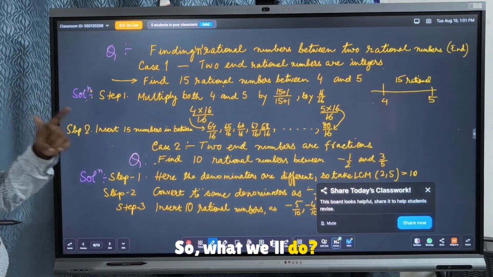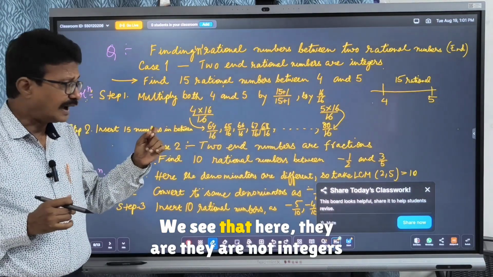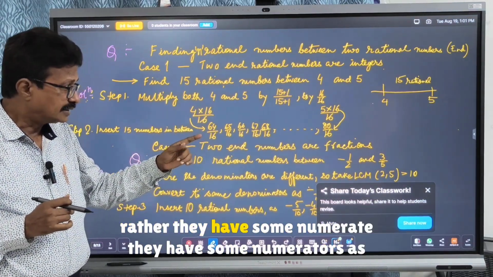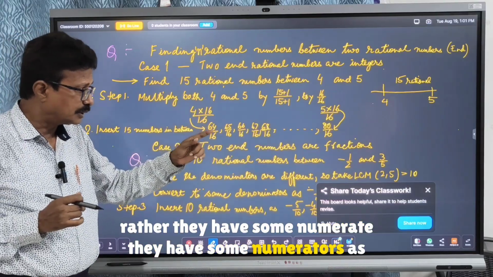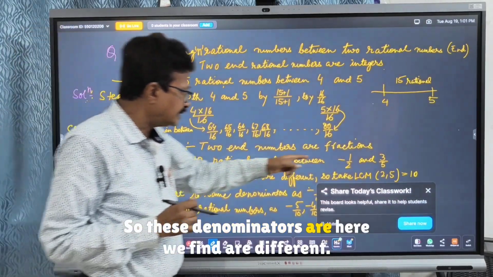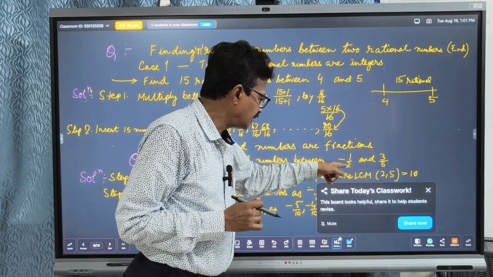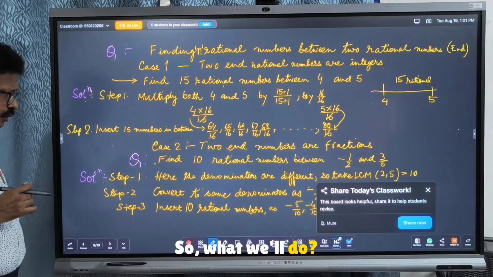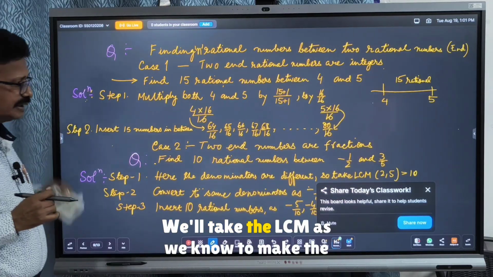So what will we do? Here they are not integers, rather they have numerators as well as denominators. These denominators are different, that is 2 and 5. So what will we do? We will take the LCM.